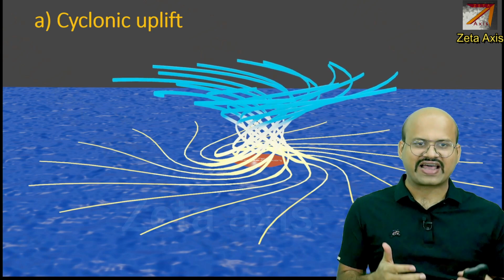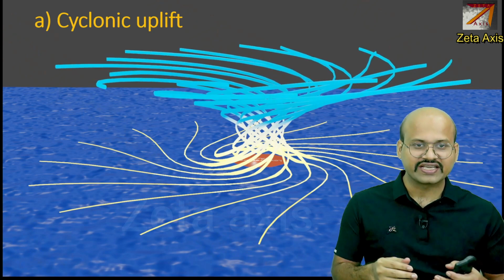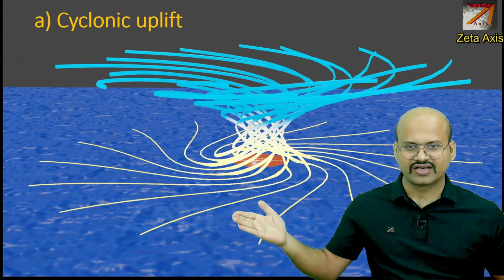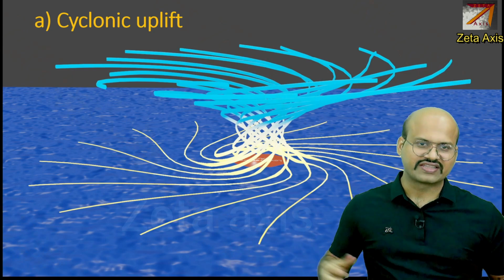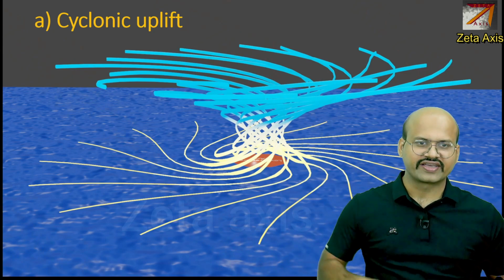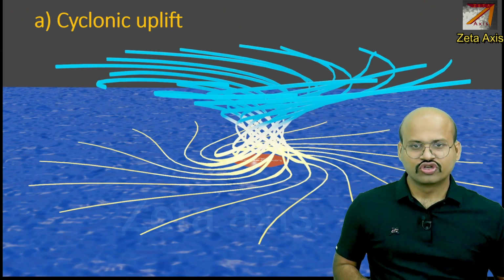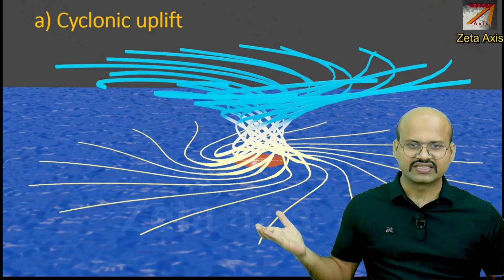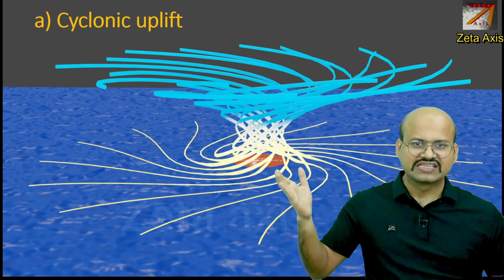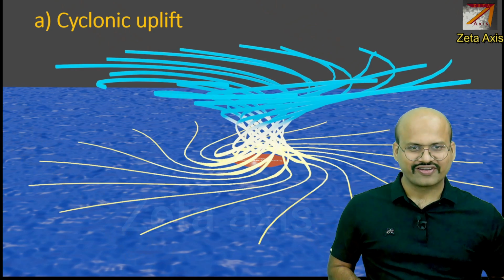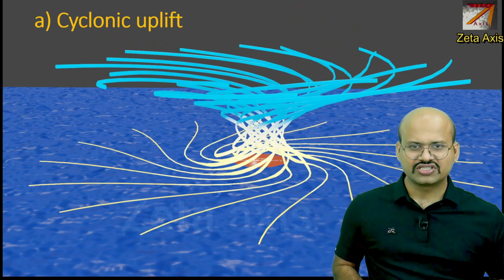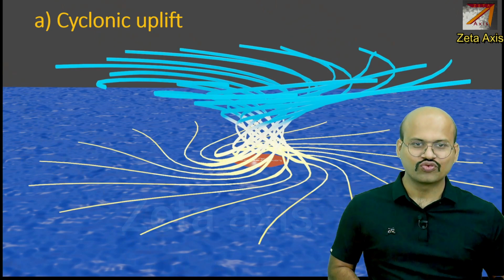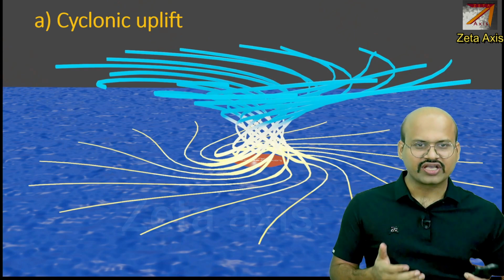Now as the air rises up, the temperature of the air will decrease, which is indicated by the color. Here the yellow color shows that the air is warmer and the blue color indicates that the air is cooler. So the moisture which is present in this air will also cool down. So this is our first process of cooling of air by cyclonic uplift.